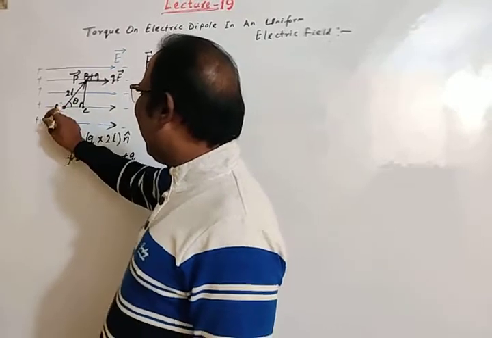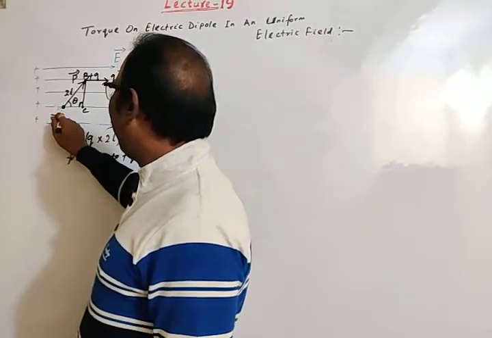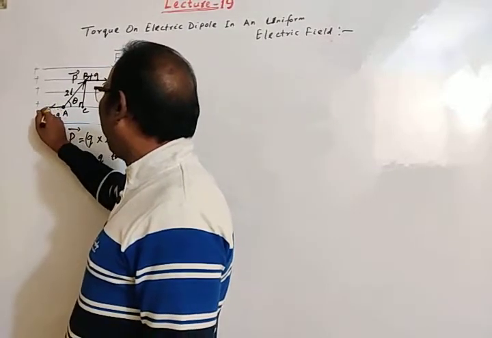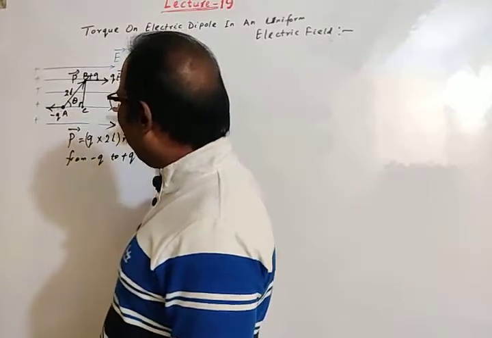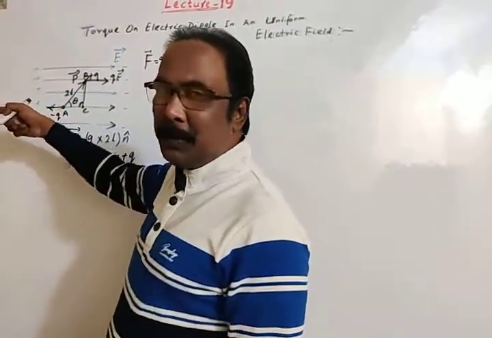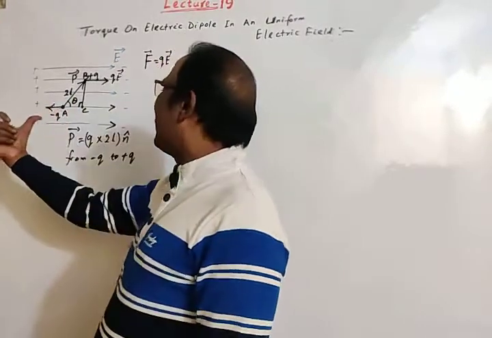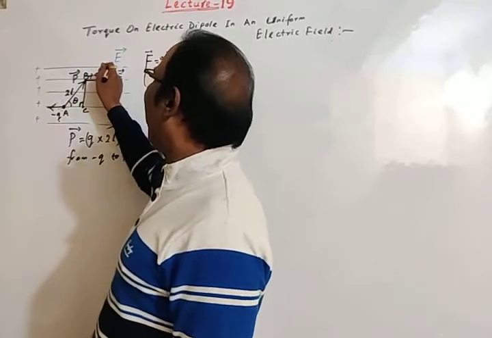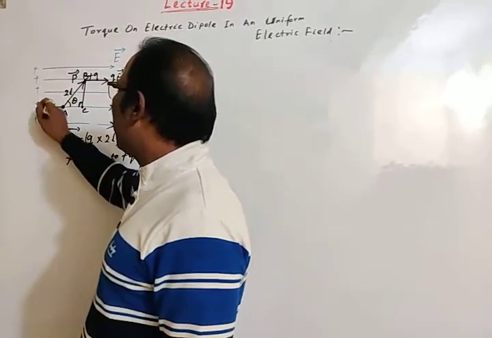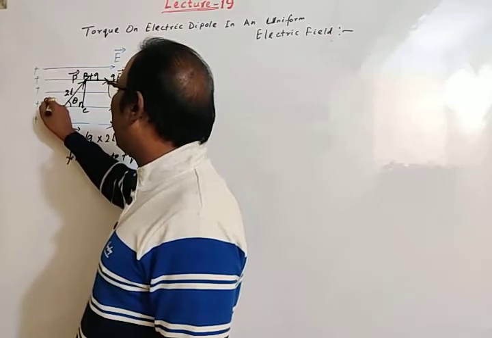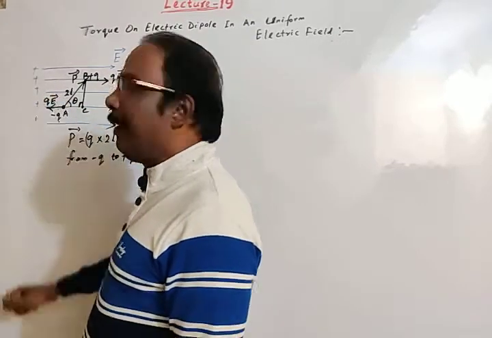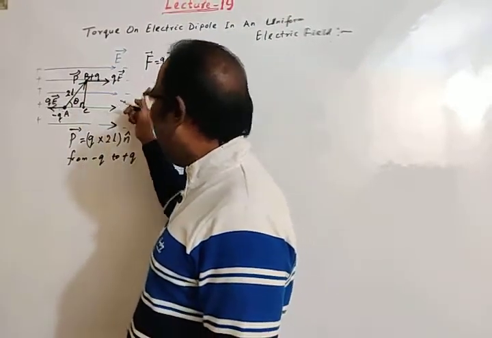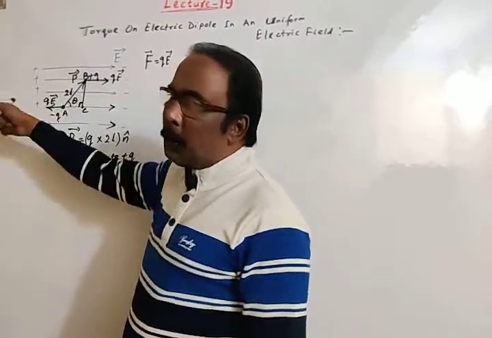Then this negative charge, at point A, is attracted towards positive, meaning the negative charge experiences a force opposite to the direction of electric field. Since charge is Q and electric field is E, force on minus Q is also QE.